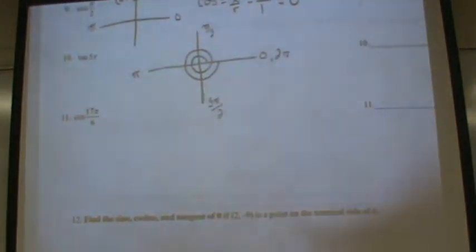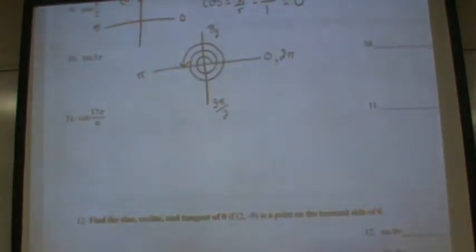That's 1 pi. Go around the rest of the way, you've gone 2 pi. Go around again, you've gone 3 pi. Again, you've gone 4 pi. And then one last time is 5 pi.